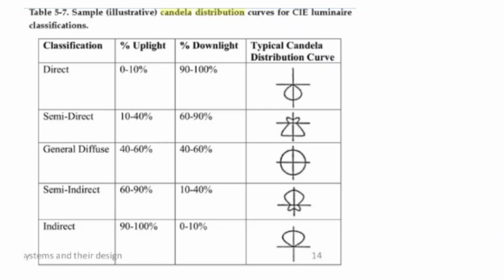Semi-indirect fittings have 60 to 90% upward and 10 to 40% downward. Therefore, the upper portion is larger than the bottom. Then indirect light fittings have 90 to 100% uplight and 0 to 10% downlight, and hence it shows mostly in the upward direction.